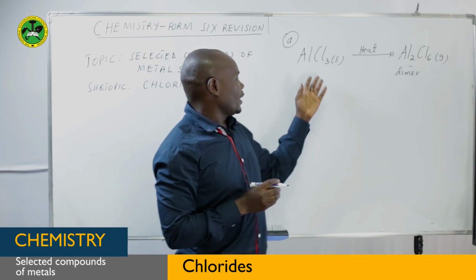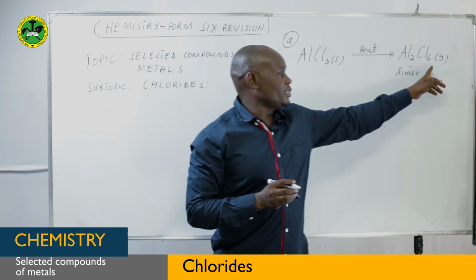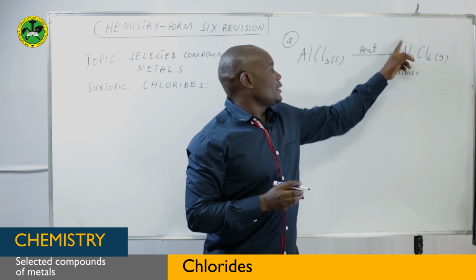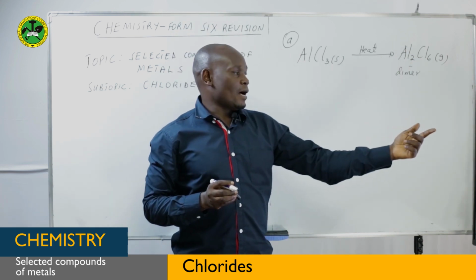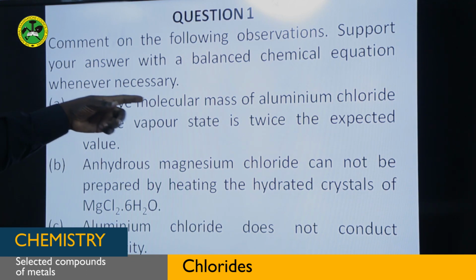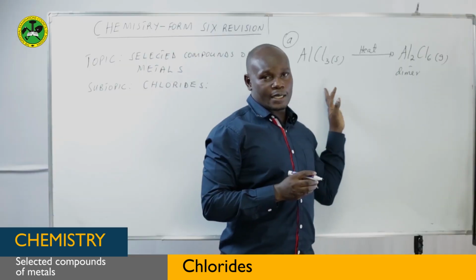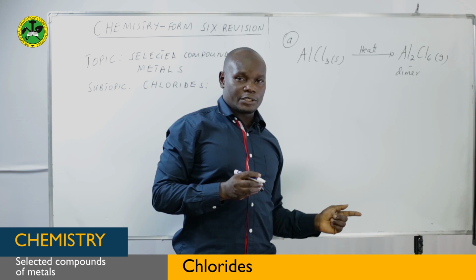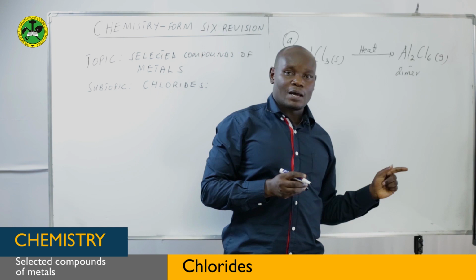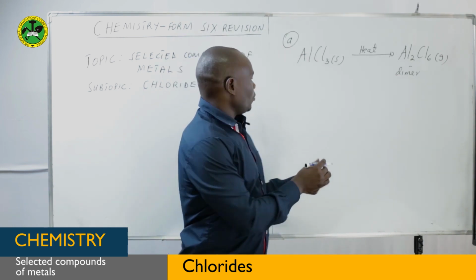So if you find the molecular mass of the solid aluminum chloride, and that which is in vapor or gaseous state, the molecular mass of this one is twice that one. So that is our first part of the question, where we have been asked to support by using a chemical equation. So this is our chemical equation that supports that explanation. It is because aluminum chloride in its vapor state undergoes dimerization.